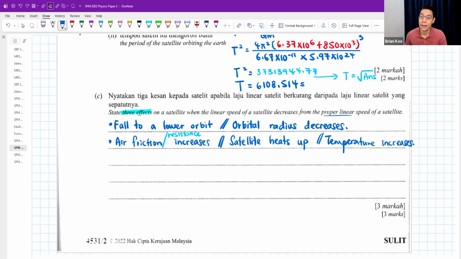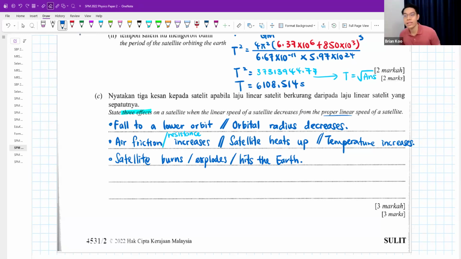Can. Satellite burns. Explodes, they accept more. Satellite hits the Earth. Satellite becomes very hot, all can. So you just write any correct answers, already correct.